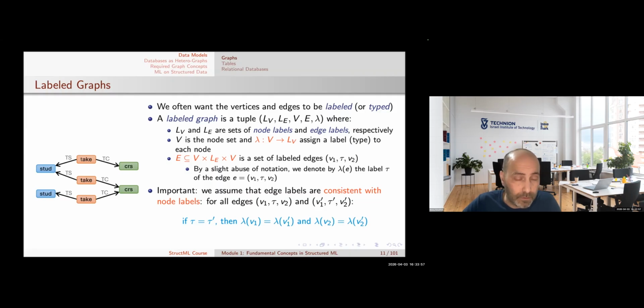TS maps take to student. Formally, this means that for all edges V1 tau V2 and V1 prime tau prime V2 prime, if the labels are the same, tau equals tau prime, then the labels of the sources are the same, lambda of V1 equals lambda of V1 prime, and the same for V2.